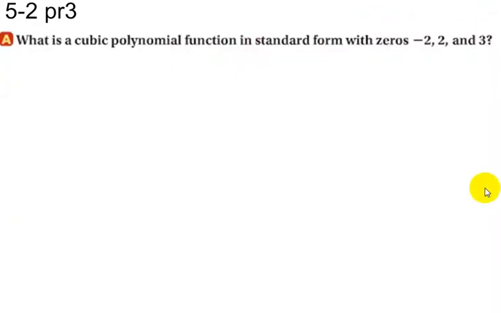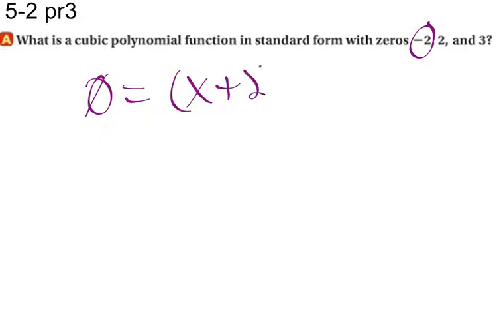The next problem says, what's a cubic polynomial function in standard form with zeros negative 2, 2, and 3? So it meant, whoops, let me get my pen back. So it meant when you have a 0, negative 2, that had to come from an x plus 2, right? So that would have to be a negative 2 plus 2 is equal to 0.